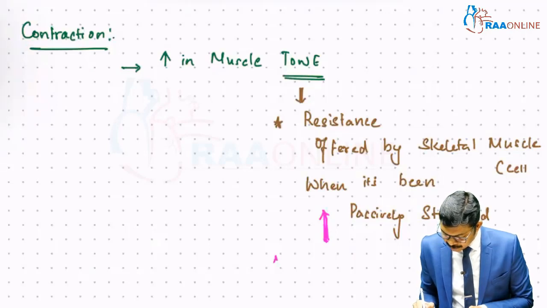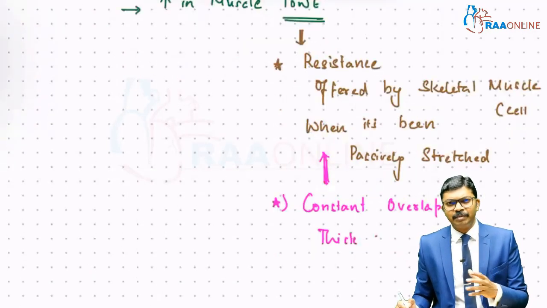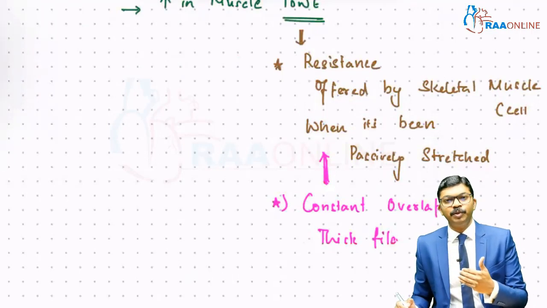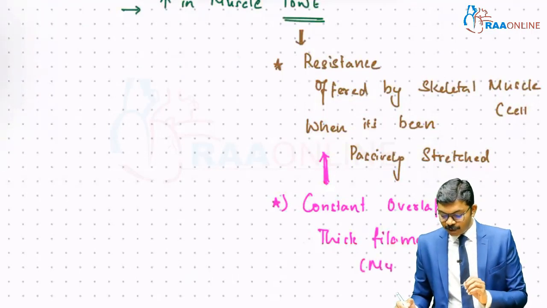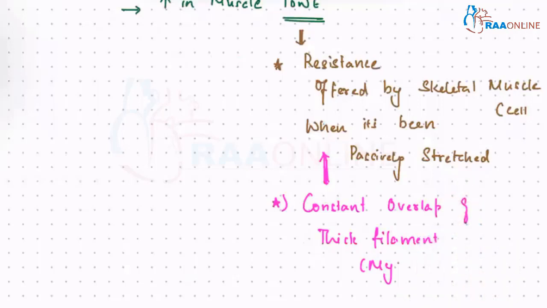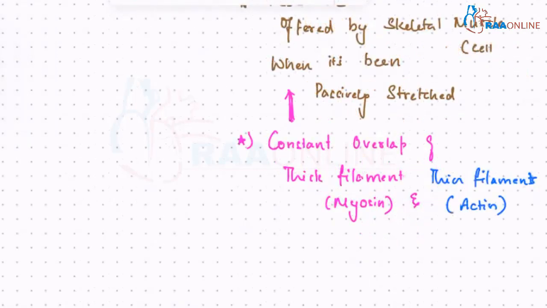You have studied the steps in skeletal muscle contraction, you know the structure of a skeletal muscle, you are already familiar with all these basic topics, and hence let me just take you into the concept here. So there is going to be constant overlap of thick and thin filament, that is myosin as well as thin filament, guys, which is made of 3 proteins. Even though they are made of 3 proteins, the interaction is going to be made between myosin and actin.